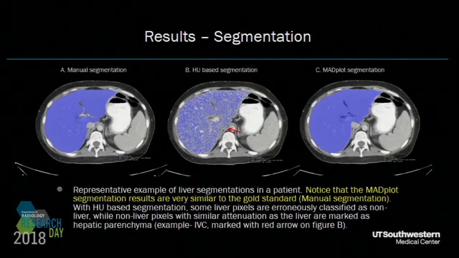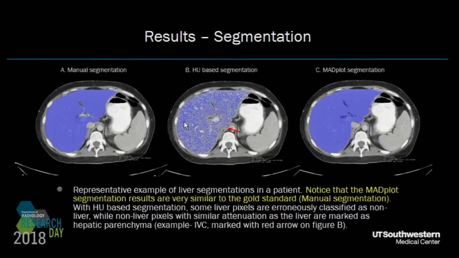So a lot of liver that has Hounsfield units outside of the range that it's determined is going to be excluded. And concomitantly, as you can see, there's some spillover into adjacent structures, such as the IVC in this image, shown in red, because it's within the range of what's considered liver. And in some other slides, there's significant spillover into spleen and abdominal wall as well.